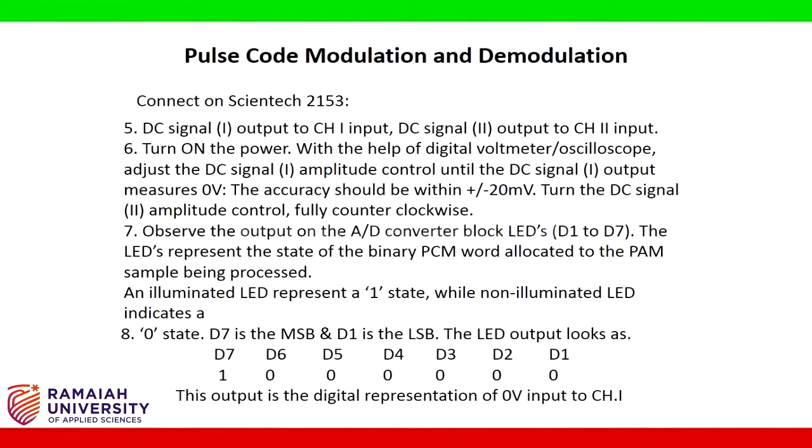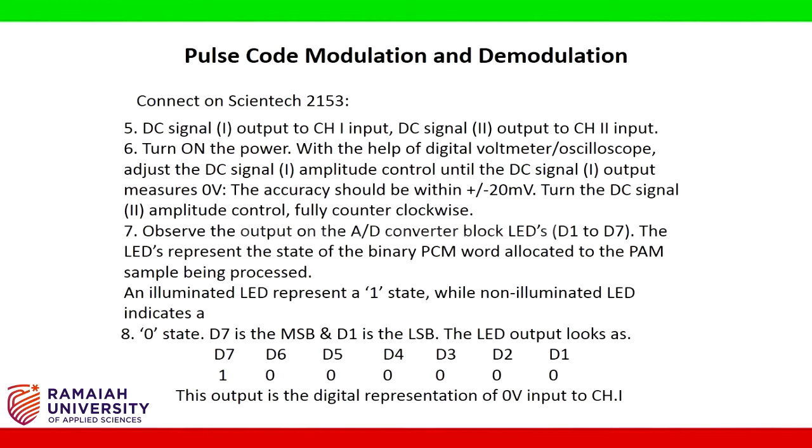Observe the output on the analog to digital converter block LEDs D1 to D7. The LEDs represent the state of the binary PCM word allocated to the PAM sample being processed. An illuminated LED represents a 1 state, while non-illuminated LED indicates a 0 state.